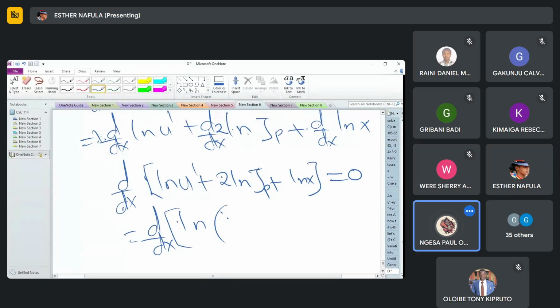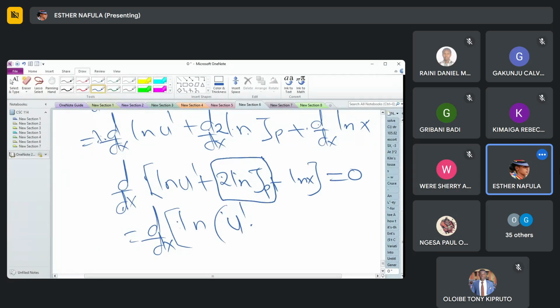We multiply. So u prime times, 2 ln jp is the same thing as ln jp raised to power 2, right? Yes. So we multiply with jp squared times x equals 0.